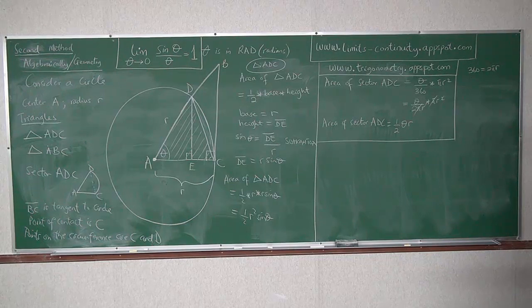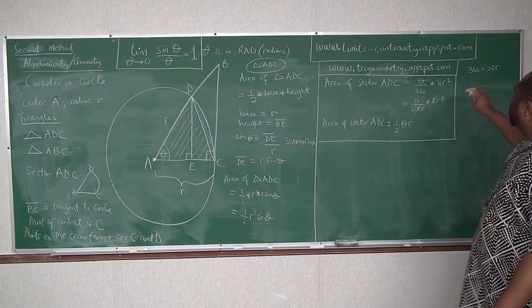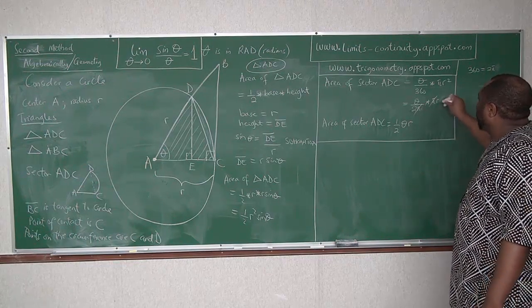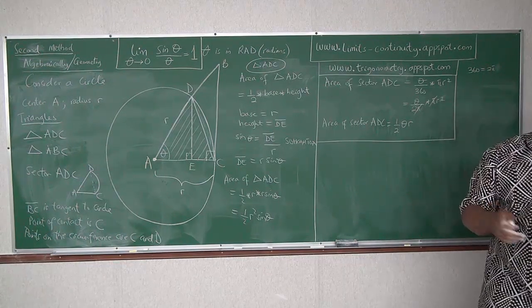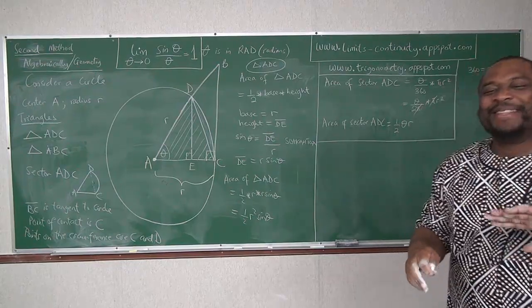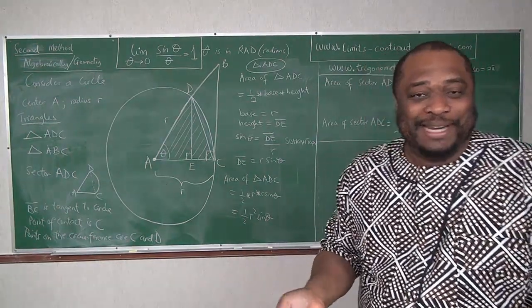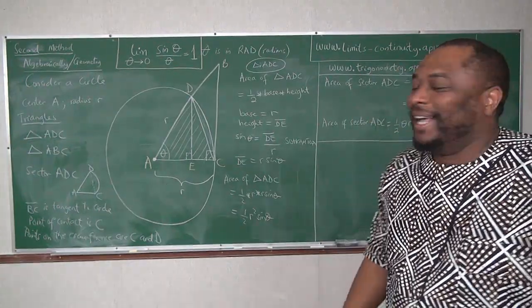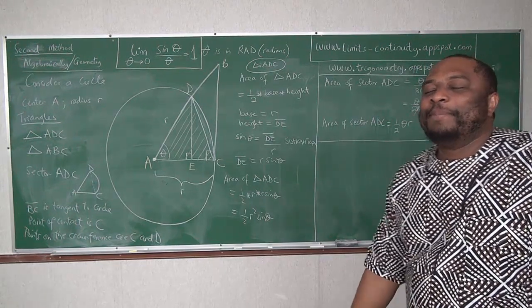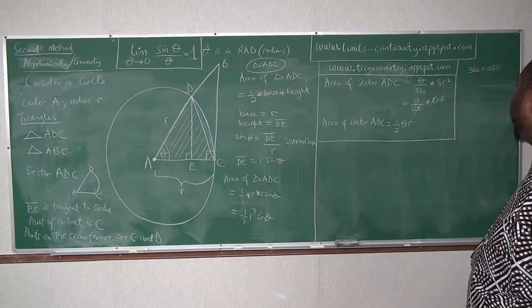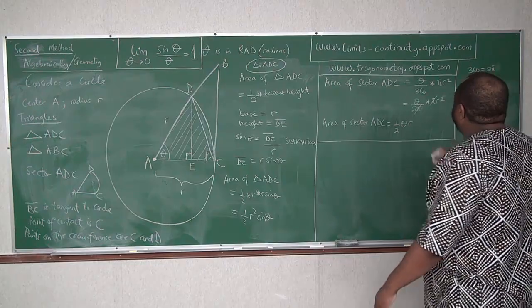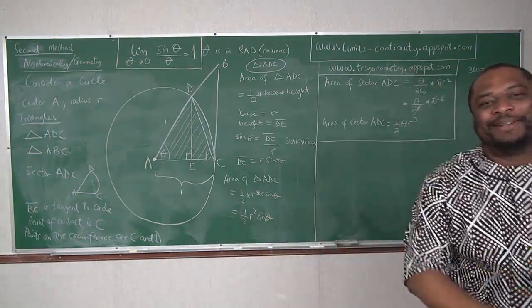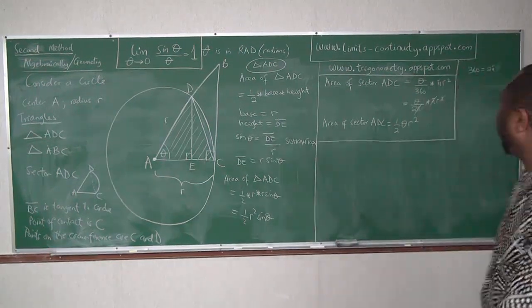Theta over 360, 2 pi. Oh, sorry, 360 is 2 pi, not 2 pi r. Don't mind me. 360 is just 2 pi. I'm sorry, not 2 pi r. I am a human being, I make mistakes, but thank God that I fixed it. Right? 360 is just 2 pi. So this is theta over 2 pi times pi r squared. So this is 1/2 theta r squared.